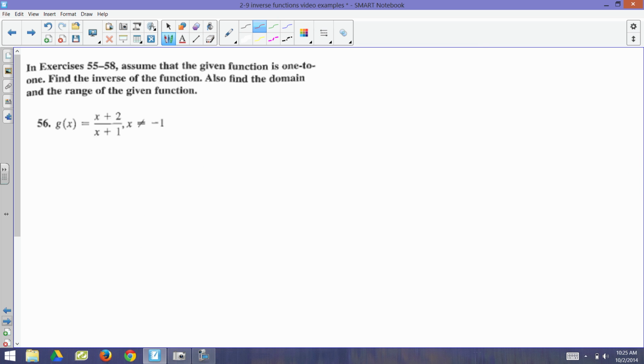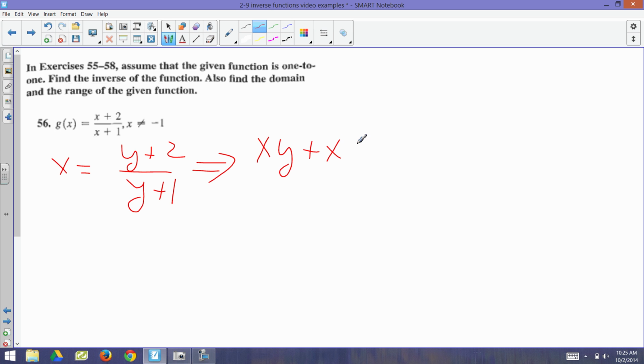Number 56, assume that the given function is 1 to 1. Find the inverse of the function, also the domain and the range of the function. So the inverse, x is equal to y plus 2 over y plus 1. Cross multiply, xy plus x is equal to y plus 2.